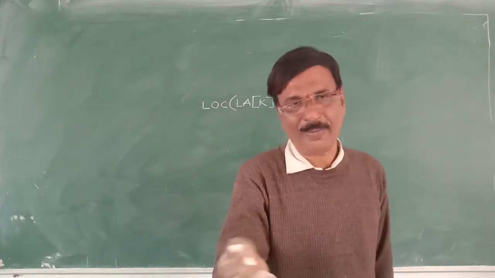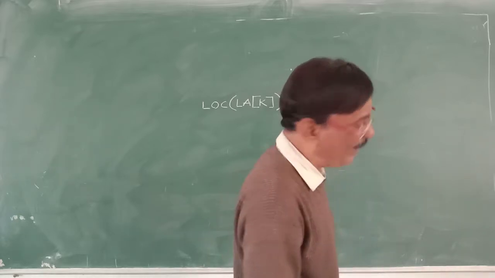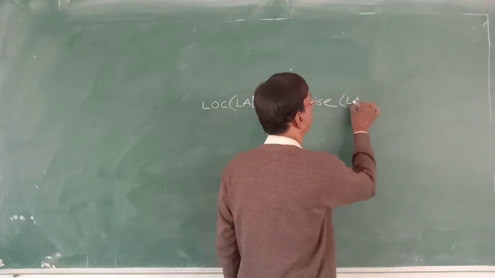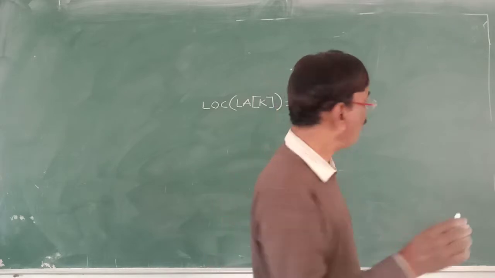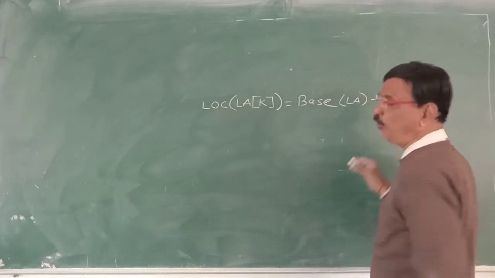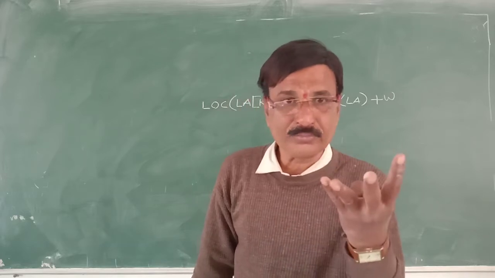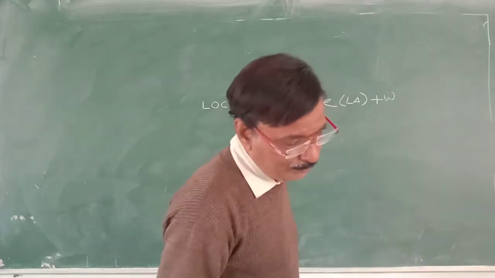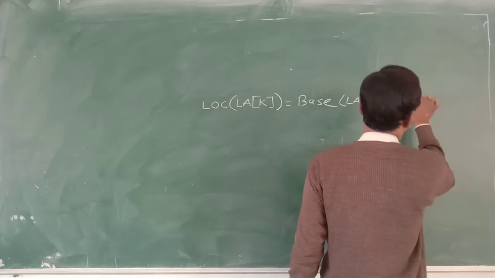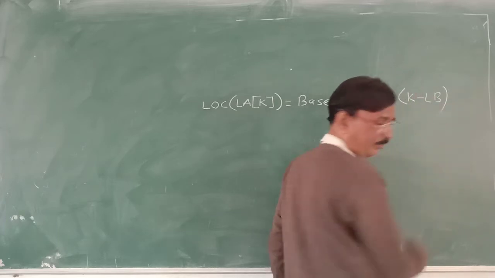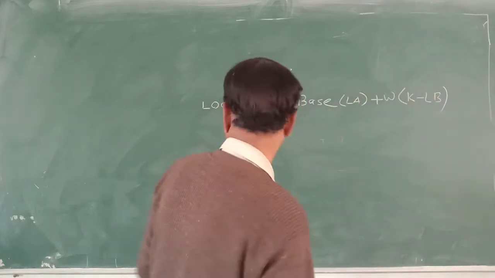That is the address of the first element, which we remember: base of LA, plus W. What is W? W is the width of that memory location, because it may be possible that one element requires 4 memory locations, times K minus lower bound.